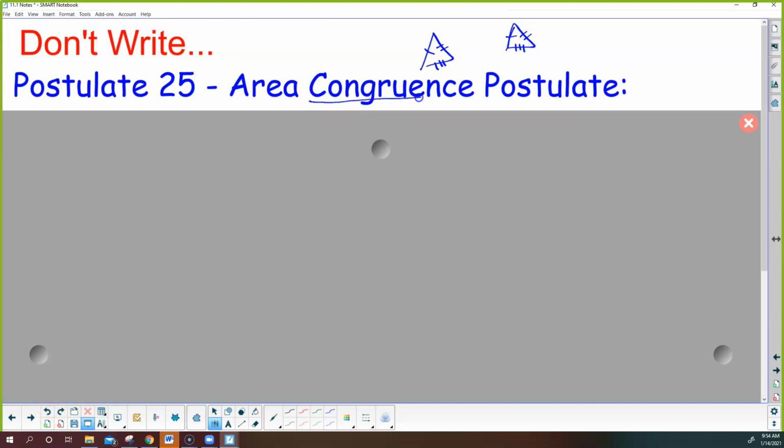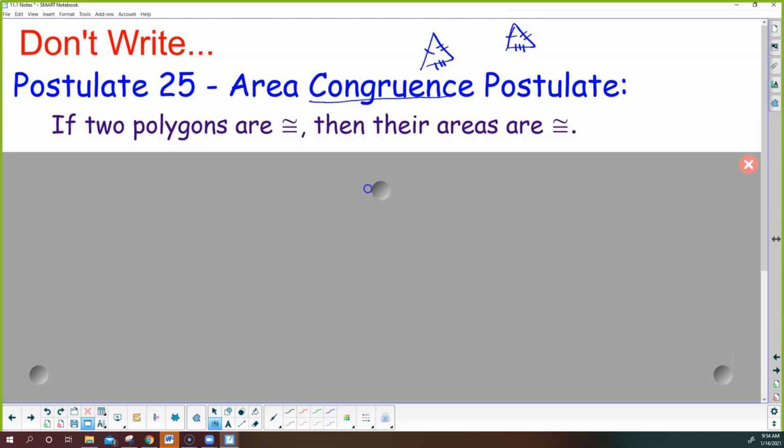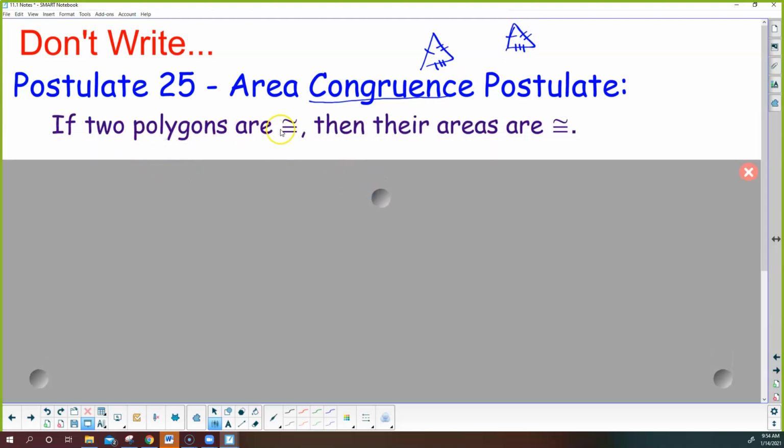Because we know what the word congruent means, they're exactly the same in every single way. What do you think about their areas? If the triangles are exactly the same, then their areas have to be the same. So if two polygons are congruent, then their areas are congruent as well. Kind of a common sense piece because we really know what congruence is.